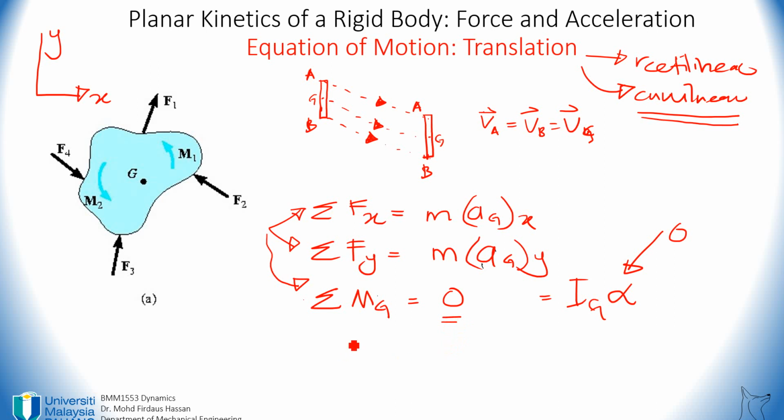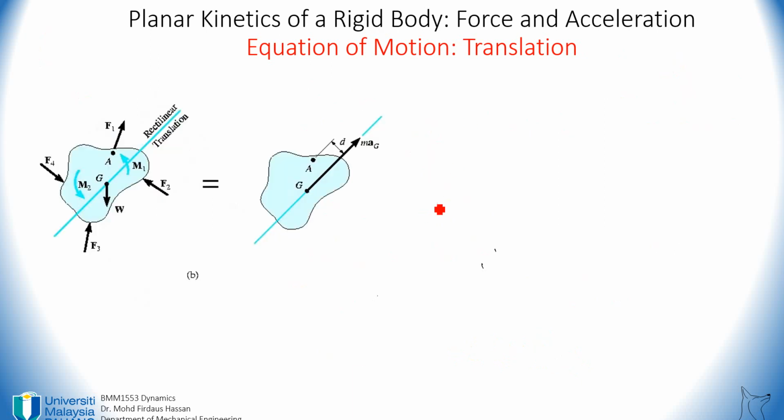Or, as we discussed before, instead of the summation of moment referring to point G, you can have the summation of moment at another point P, equal to the summation of the kinetic elements at point P. Clearly, if you see this figure, we know that it accelerates in this direction, so m a_G. So instead of referring to point G, you refer to point A to find the moment.